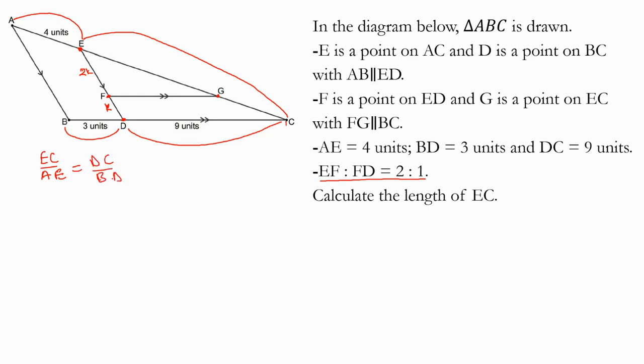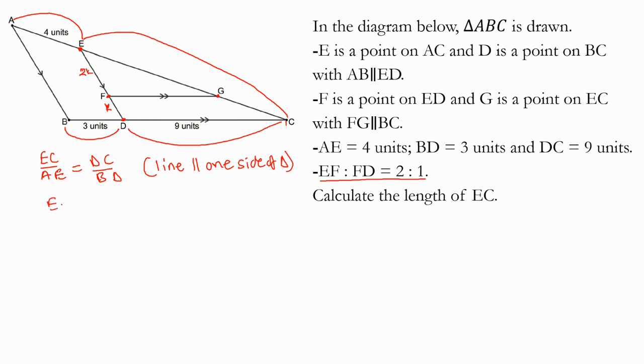What's the reason? How do we write the reason for the proportionality theorem? We say line parallel to one side of triangle. That's the reason you write. Okay, let's substitute what you're given.